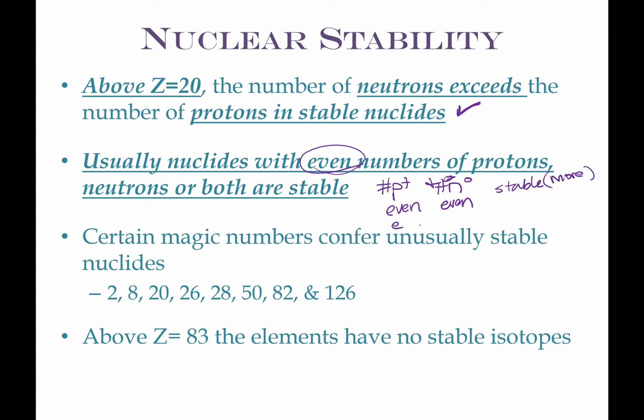If you have an even-odd or odd-even, or odd-odd, it's less likely. So these are going to be less stable, and these are usually unstable.